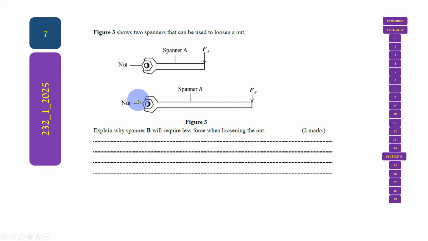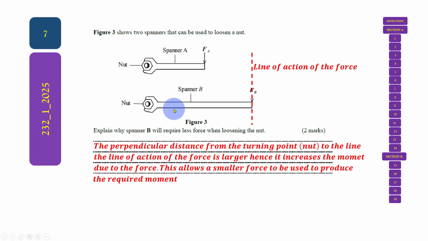To produce the same amount of torque, you can use a smaller force but then increase this distance. So it is much easier to use this, because when we compare the perpendicular distance from the turning point all the way to the line of action of the force, here it is larger.